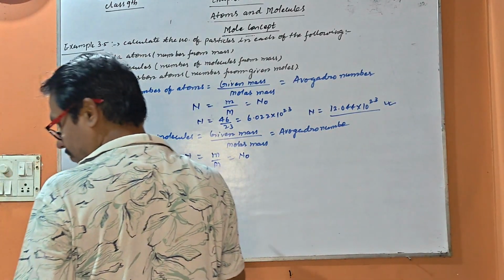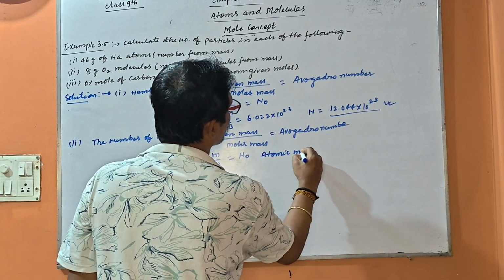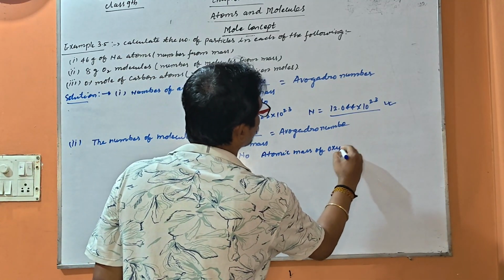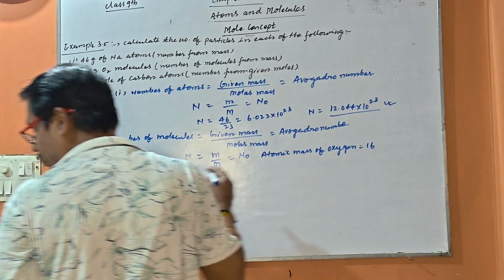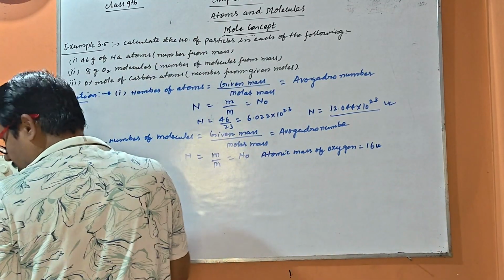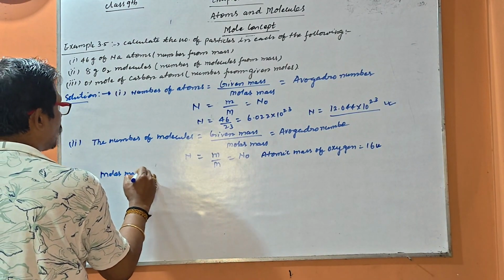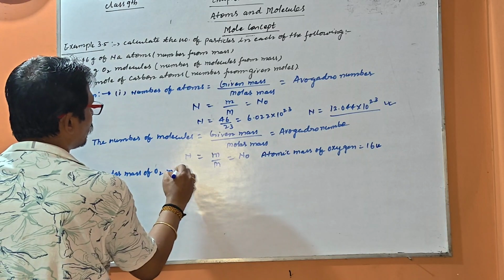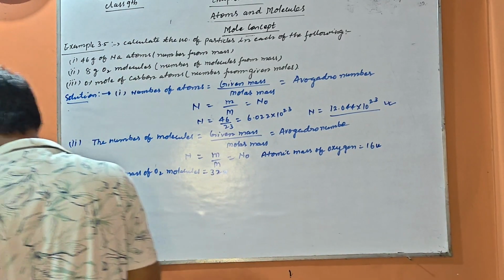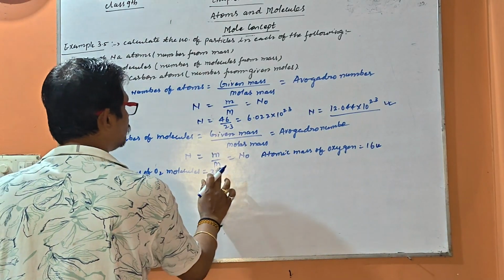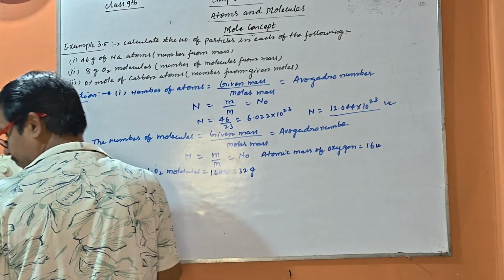So you can write here, atomic mass of oxygen is equal to 16 U. So the molar mass of O2 molecules is equal to 32 U, because two atoms are there, 16 into 2, that is 32 gram.